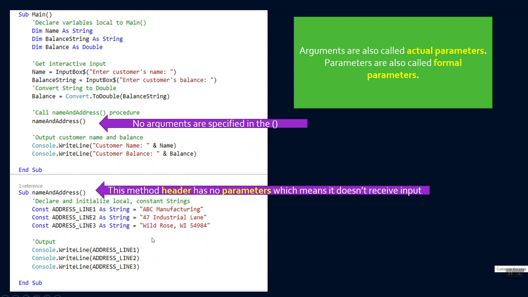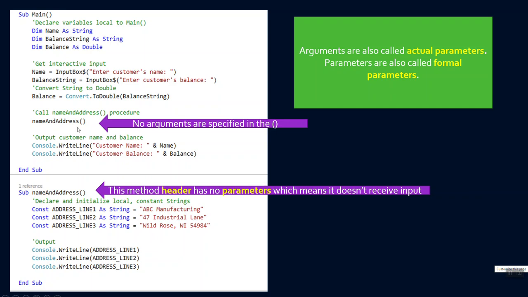We've created three constants, address line 1, 2, and 3, and set them each to their corresponding values of address line 1, 2, and 3. And then very simply, we reference them in the right line. So the steps in and of themselves are not complicated within this procedure, but the key is that we've created a procedure here and we've called it up here.